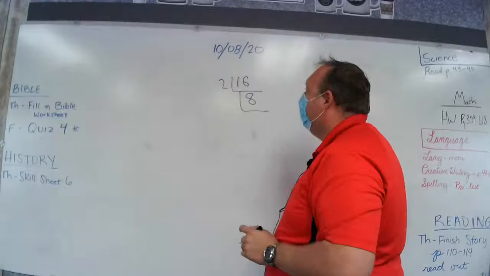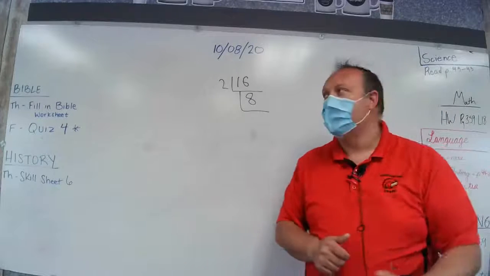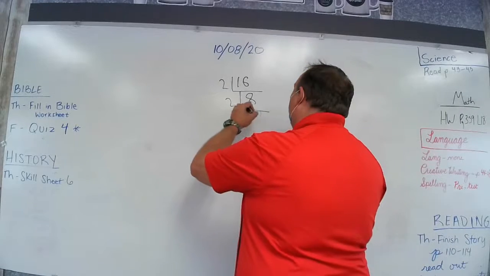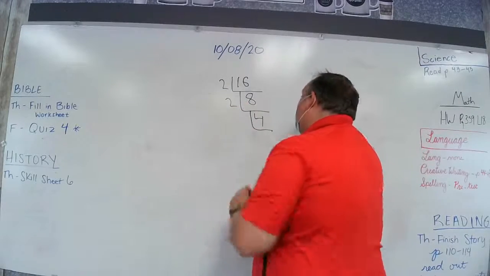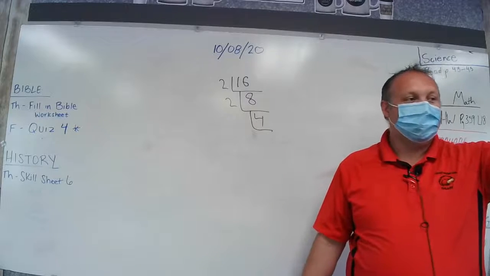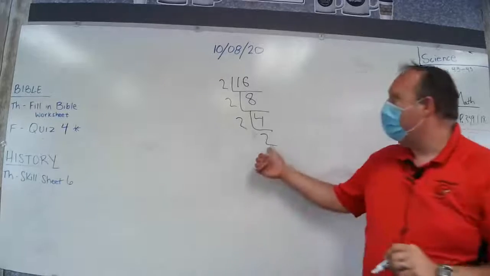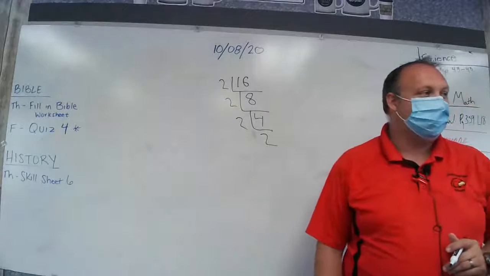Okay? Then we're going to choose another prime number that we can divide by 8. 2. And we're going to 4. Then we're going to choose another prime number we can divide by 4. 2. Okay? And now we have a prime number right here, right?